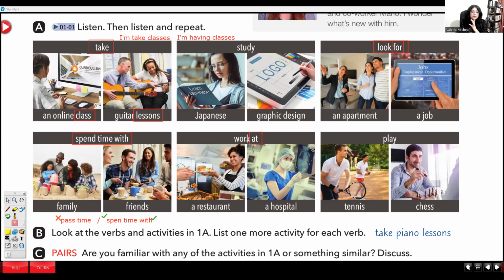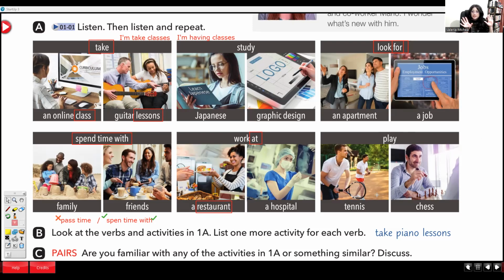It doesn't matter if you are going to mention the company, like I work at the Catholic University, or if you are just going to mention a place, like I work at a restaurant, at a hospital, at a university. All right, so you can use the place or the name of the company, but it's always at. So be careful with that.